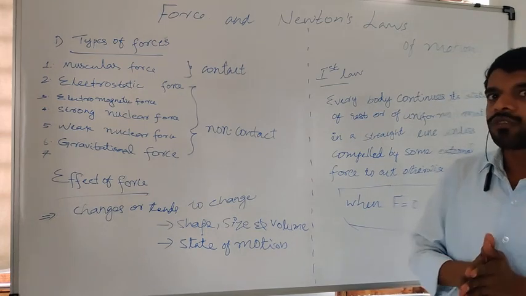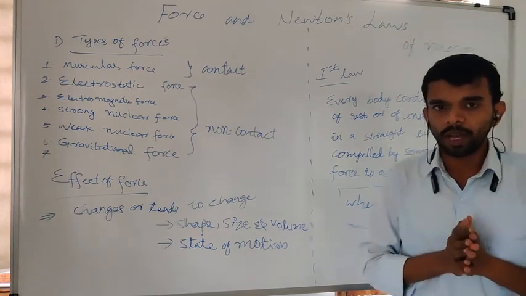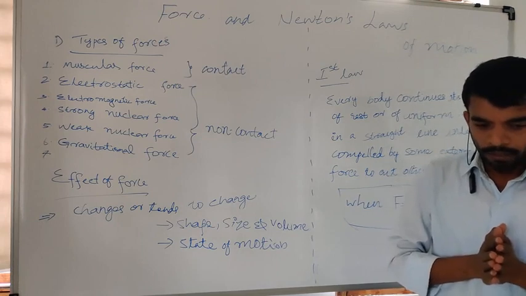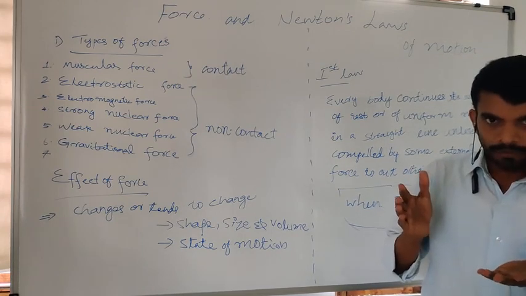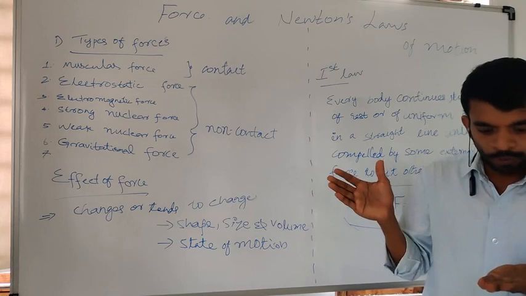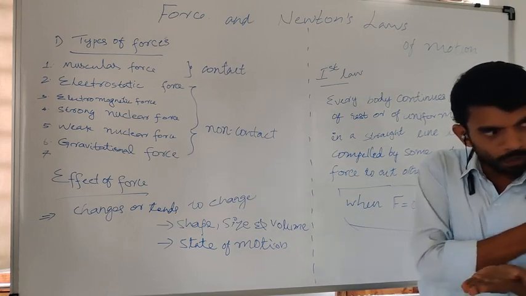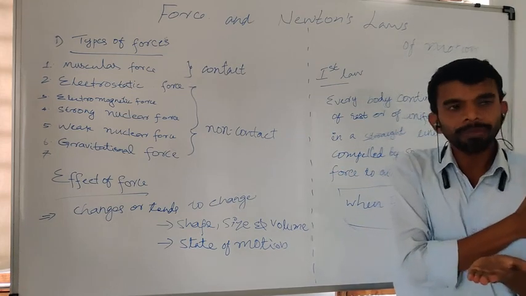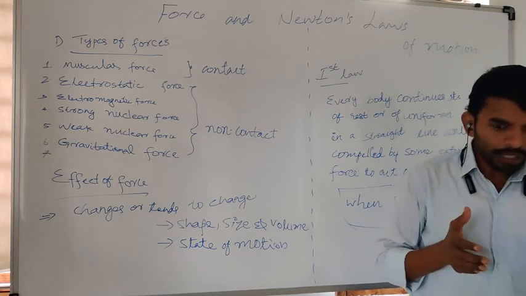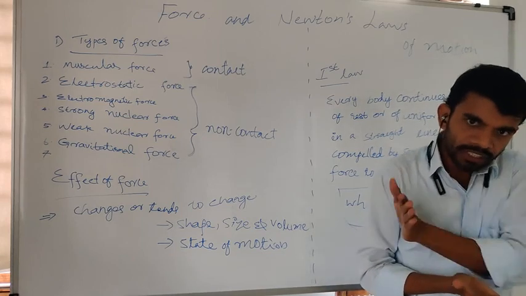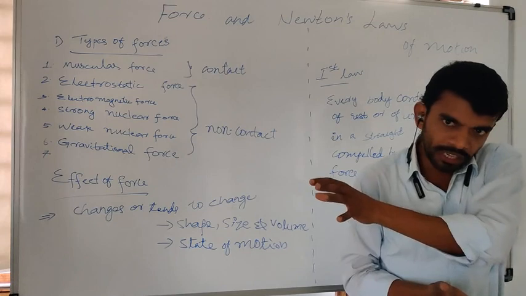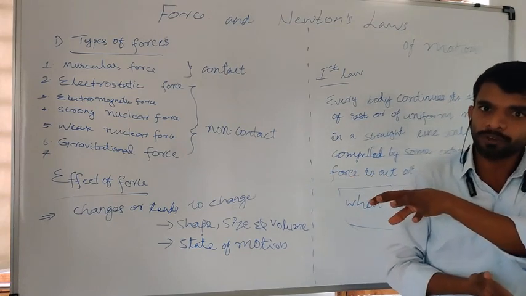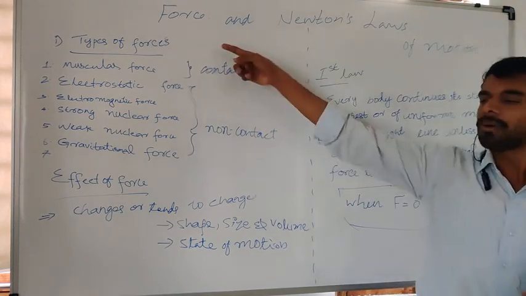Now I have to talk about balanced force and unbalanced force. For example, there is a ball. If I apply 5 units of force in this direction, the ball will go this way. If I apply the force in the other direction, the ball will go in that direction. That is because of the directional property of force, because force is a vector quantity.